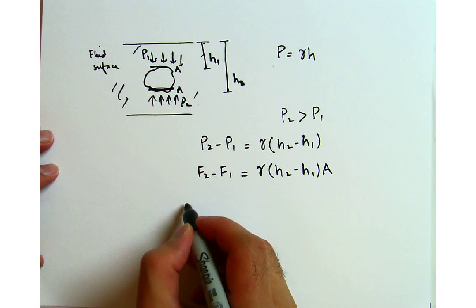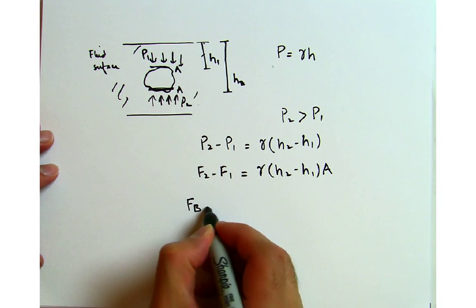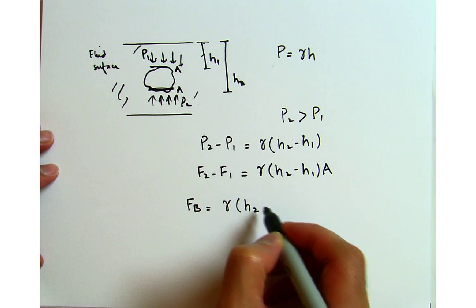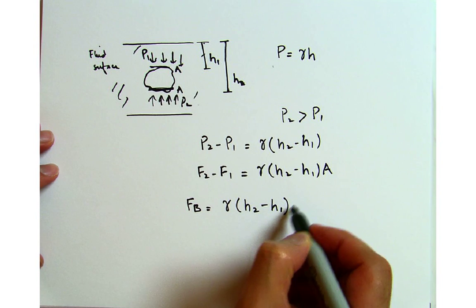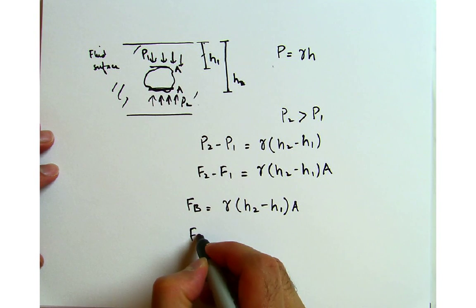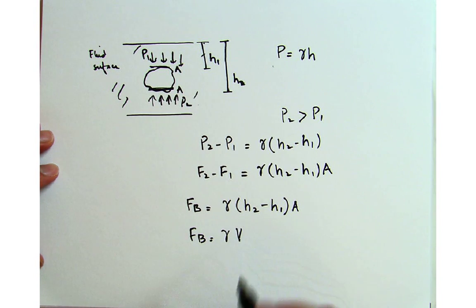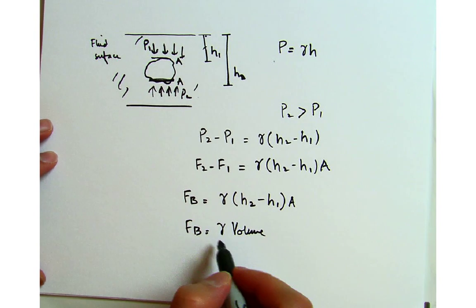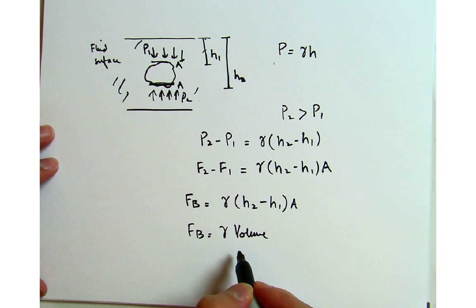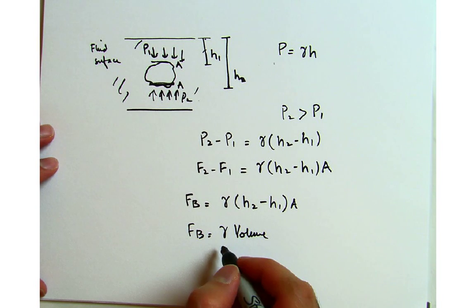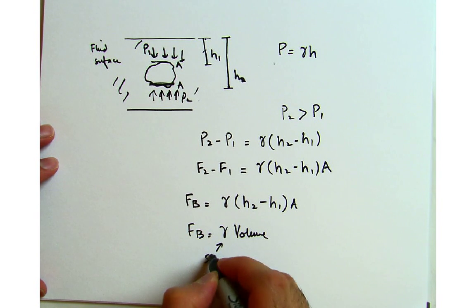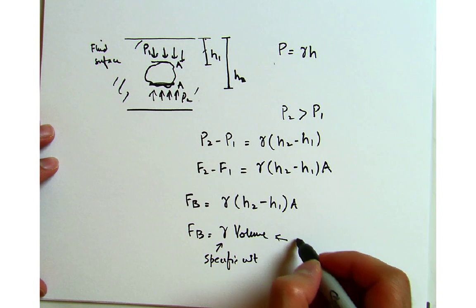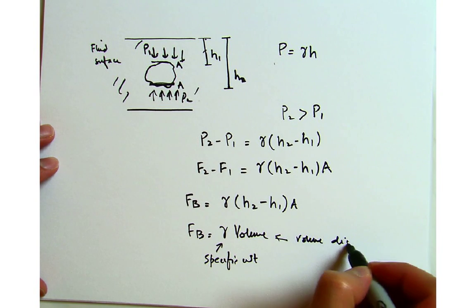This difference of the forces I can write as FB, which I'm calling the buoyant force: gamma times (h2 minus h1) times the area, or FB equals gamma times the volume. Here gamma is the specific weight, and the volume is the volume displaced by the fluid.